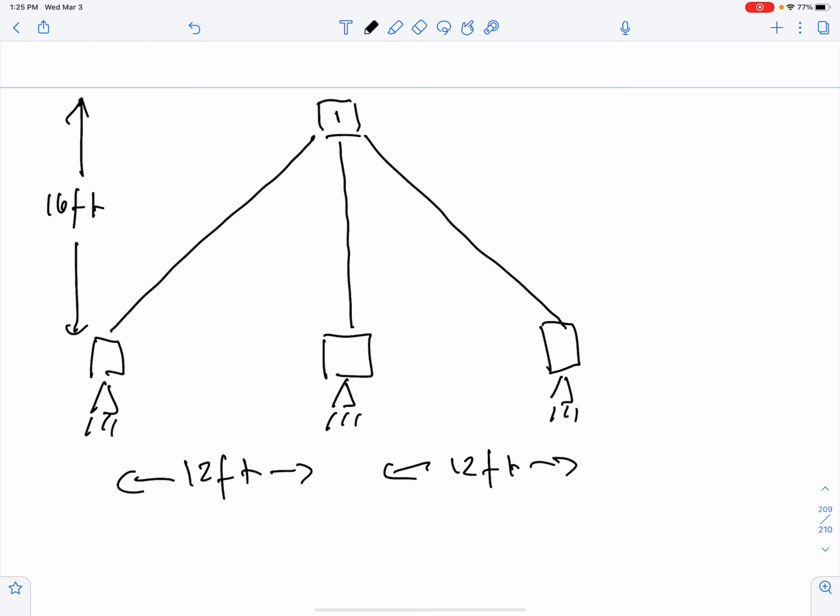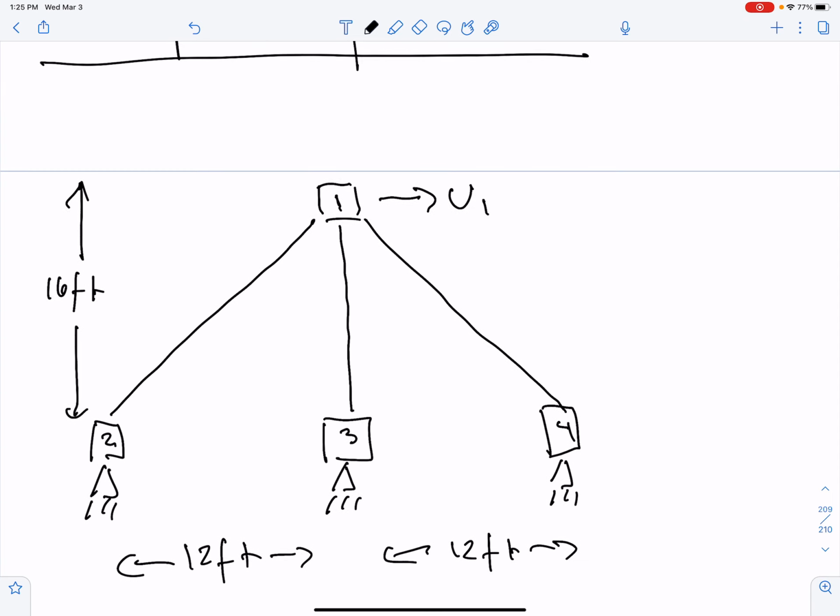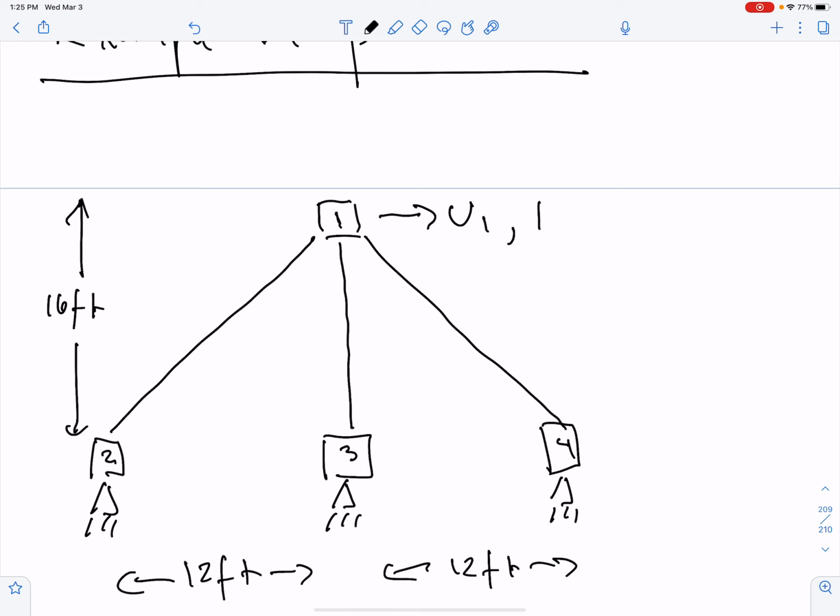So let's give this node label 1. This becomes node 1, node 2, node 3, node 4. And then let's label our degrees of freedom. We'll go through the free nodes first, so it makes sense to label x displacement here by u1, the corresponding nodal force by p1. This becomes u2, the corresponding nodal force p2.